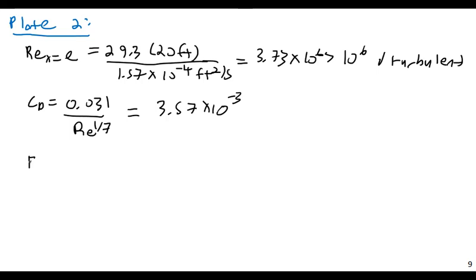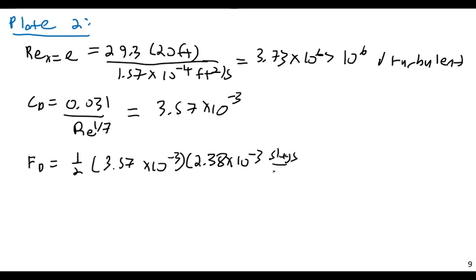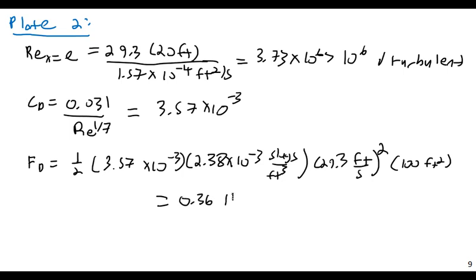And then the drag force, FD, is equal to 1/2 times 3.57 times 10 to the negative 3 times 2.38 times 10 to the negative 3 slugs per cubic feet times 29.3 feet per second squared, the relative velocity, times an area of 100 square feet. And this comes to 0.36 pounds.